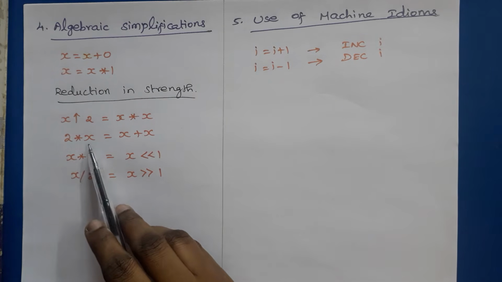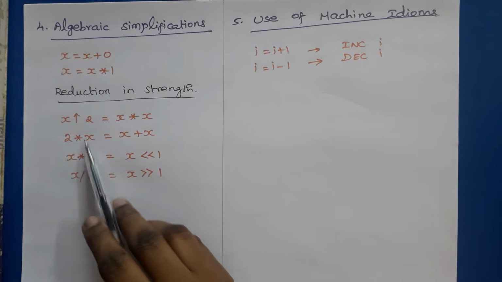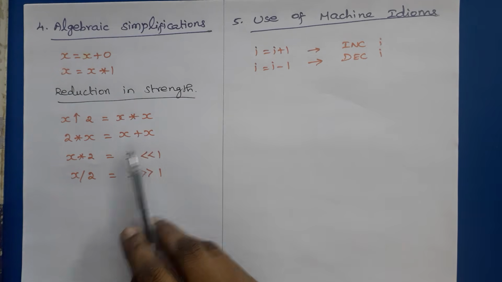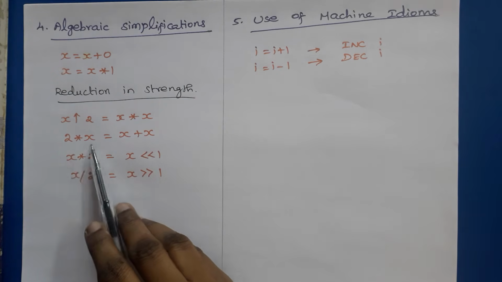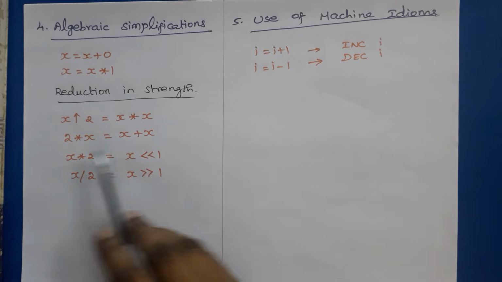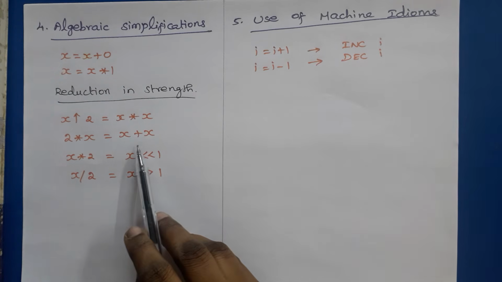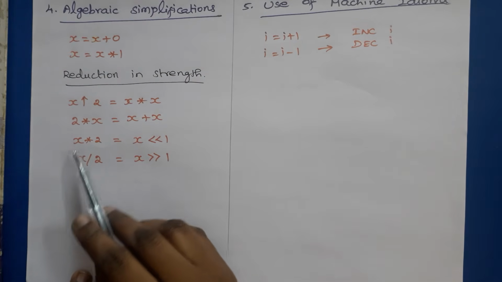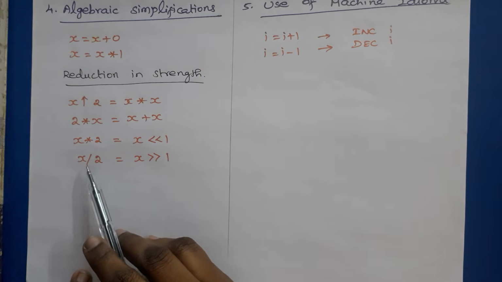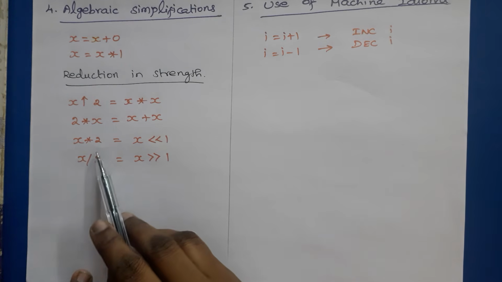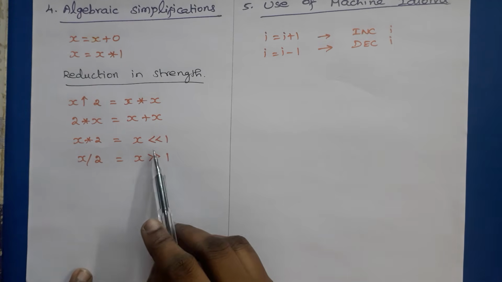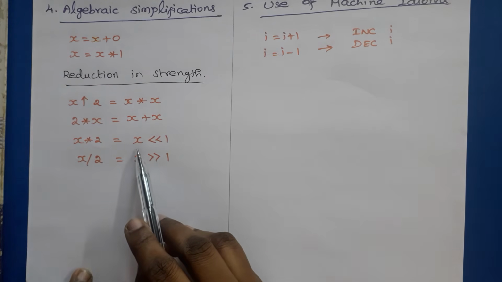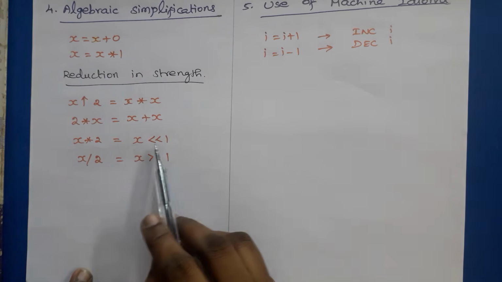Similarly, 2 star x, instead of multiplication we can perform addition, because addition is simpler than multiplication. So 2 star x is equivalent to x plus x. Similarly, if multiplication and division is performed by a power of 2, then it can be replaced by shift operations. So x star 2 means we have to perform left shift 1.